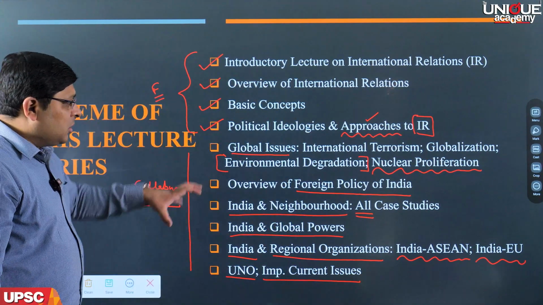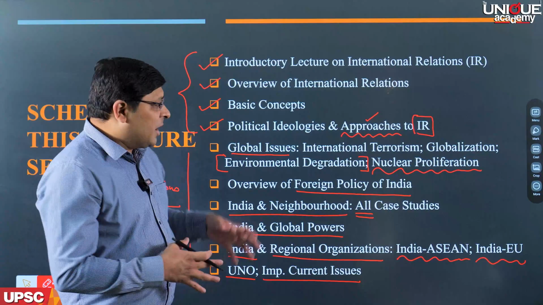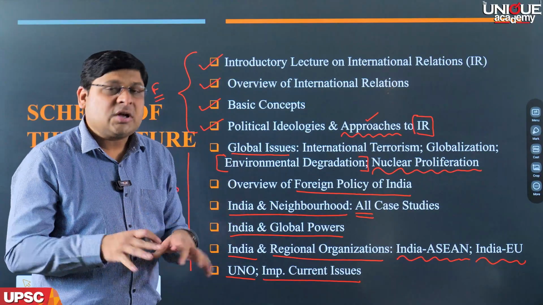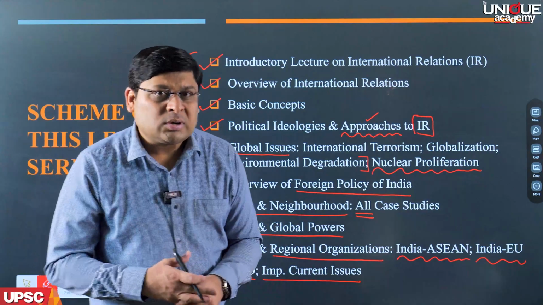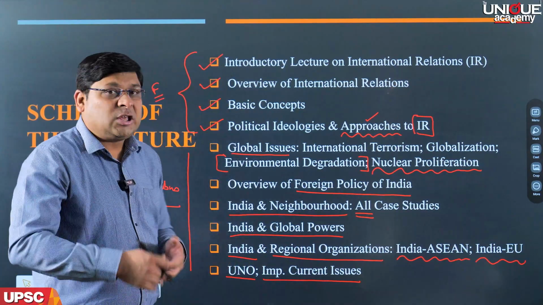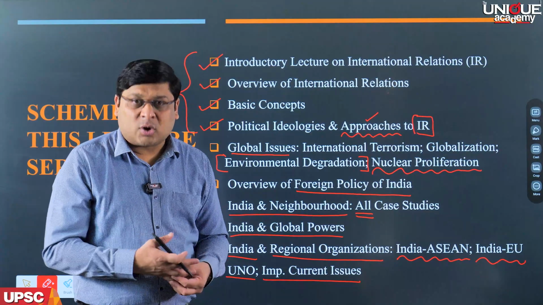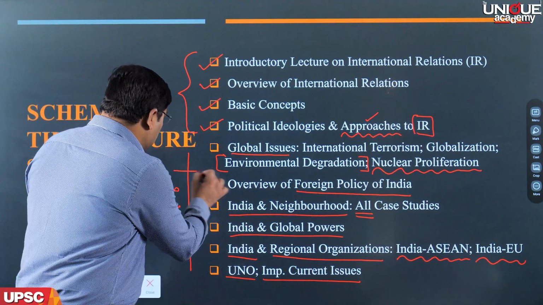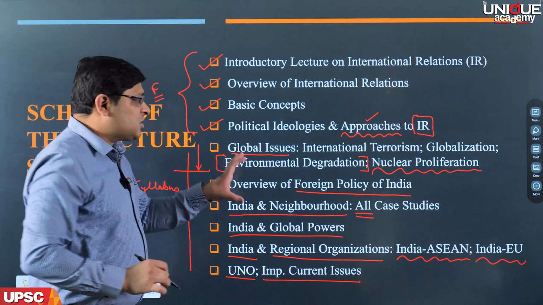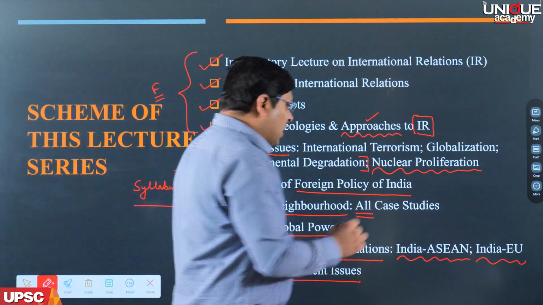Based on this content, you may feel prima facie that we are missing something from the syllabus. It's not like that. So for example, you may feel that I haven't discussed WTO, right? I haven't discussed, say for example, UNEP, United Nations Environmental Program, right? All those things would be covered here. For example, globalization.